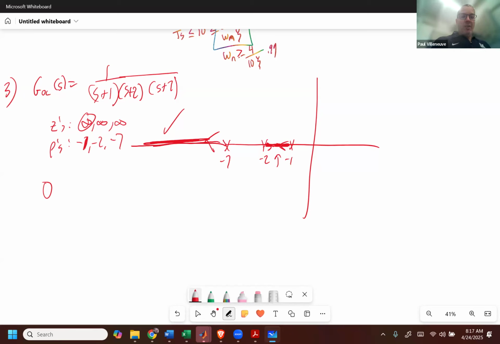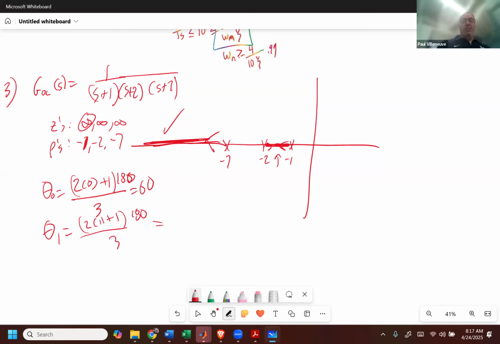Our first one, theta 0, is 2 times 0 plus 1, times 180, over n minus m, which is 3 in this case. So we have 60. Then our next theta is 2 times 1 plus 1, times 180 over 3, which is equal to 180 degrees, which is good because we know we're approaching at 180 degrees.